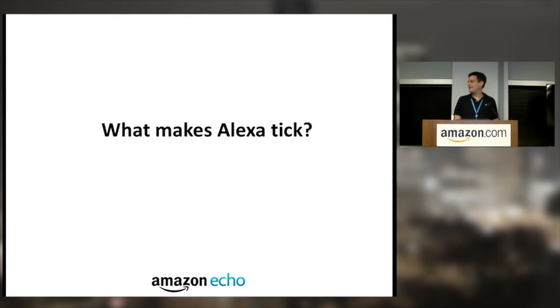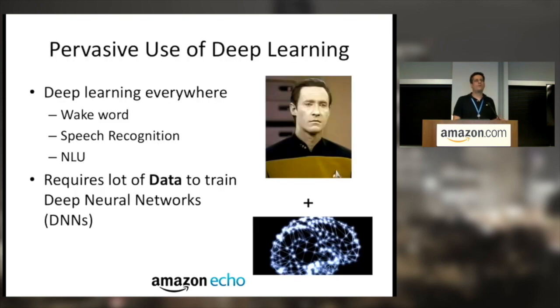So what makes Alexa tick? What makes it work so quickly and so nicely? One of the core things is the pervasive use of deep learning. We use deep learning everywhere, for example in wake words, speech recognition, and NLU. Deep learning requires a lot of data to train the neural network.